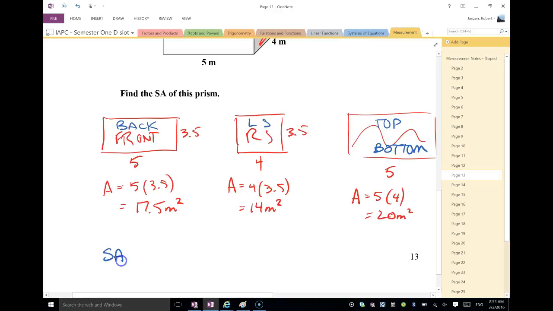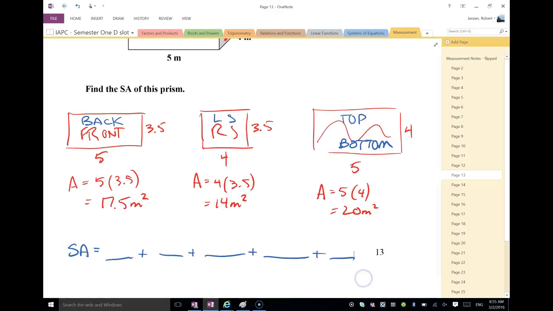So what is the surface area? The surface area is the area of all of the surfaces. How many surfaces are there? There are 6. So I've got the front and the back. I've got the left side and the right side.